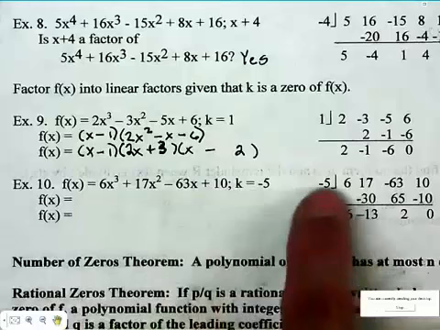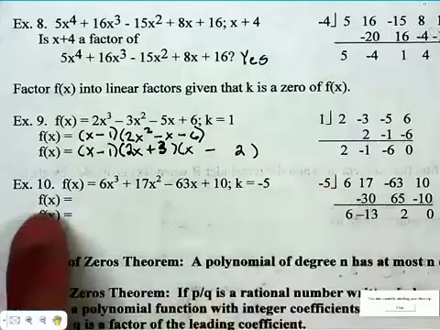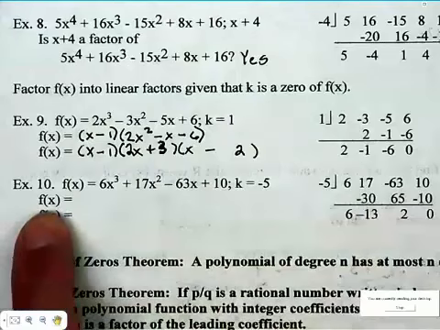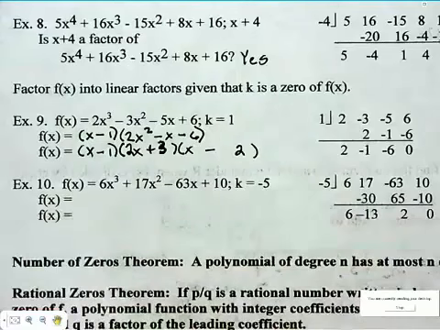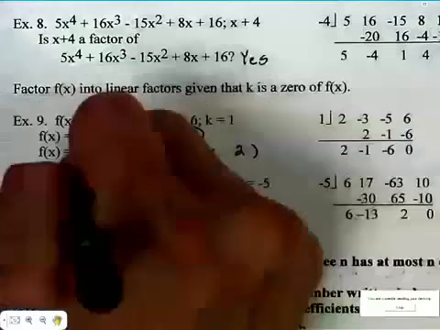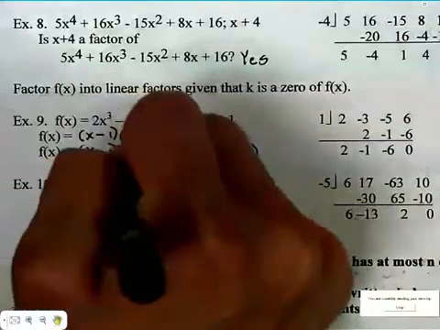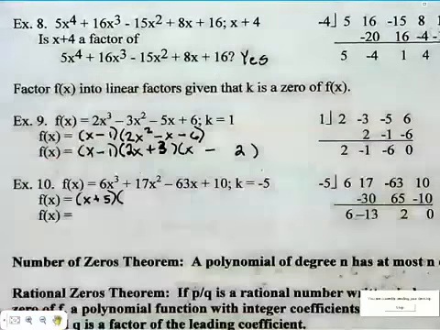If I have -5 in the box, what does that mean my linear factor is? You could write x minus -5, but minus negative is the same thing as positive. So just write x plus 5. And then what is my quadratic factor?